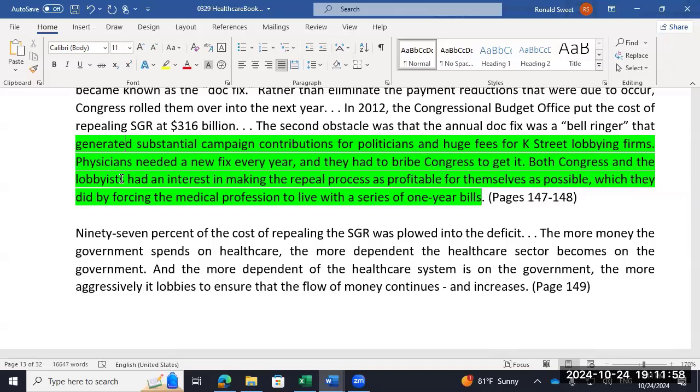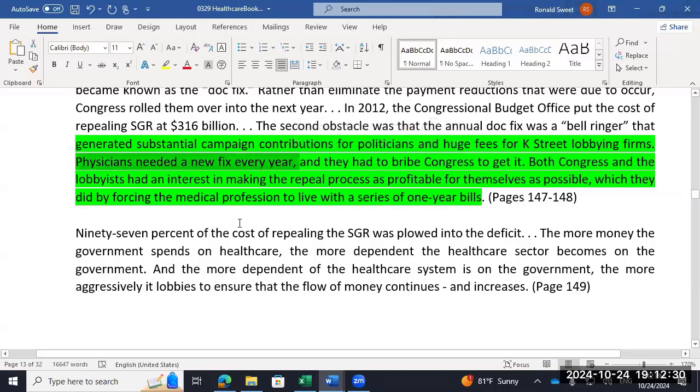One guy was making the point that the biggest buyers of food industry is tobacco companies, and tobacco companies already figured out how to make their product appealing so that people get addicted. And essentially, they're trying to do the same thing with food. And then they got the FDA on their side. Congress plays the system. So that generated substantial campaign contributions for politicians and huge fees needed to.